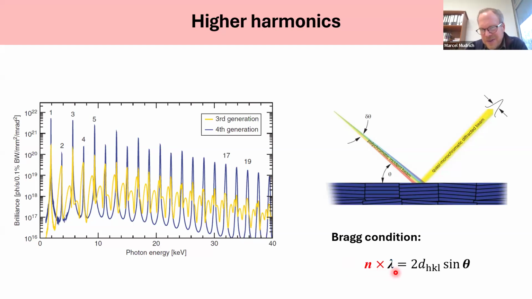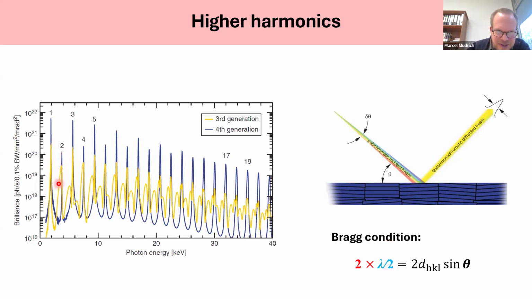So the first diffraction order, n equals 1, would work for the first harmonic of the undulator spectrum, but the same diffraction condition holds for the second diffraction order of the grating, provided that the lambda over 2, so the second harmonic of the light, is present.